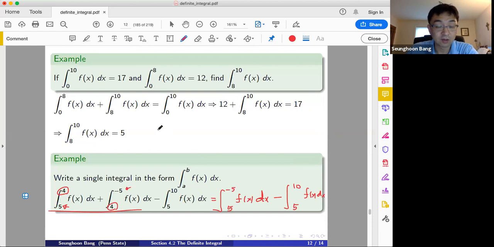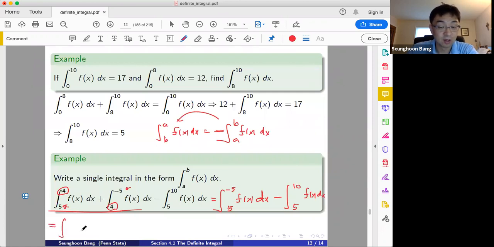Do you know this one? How can you change it? You can interchange the lower limit and upper limit like this. Always take the negative sign. Going backward, you can change negative to positive by interchanging the lower limit and upper limit.